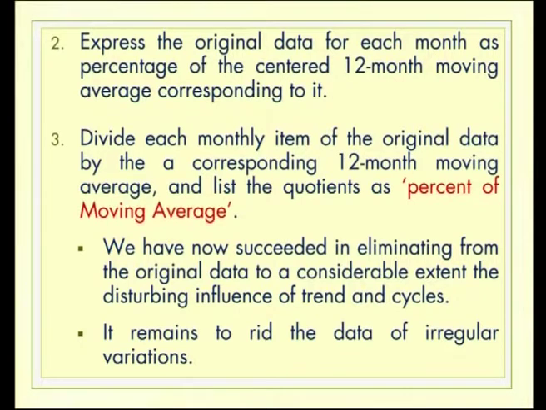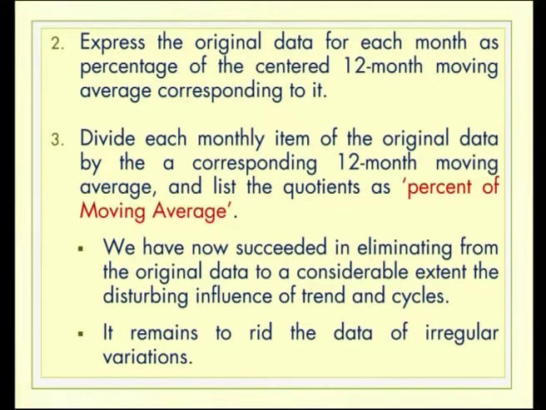That is, writing the values corresponding to the year, that is very important. Divide each monthly item of the original data by the corresponding 12-month moving average and list the quotients as percent of moving average. Now we have succeeded in eliminating from the original data, to a considerable extent, the disturbing influence of trend and cyclical fluctuations.